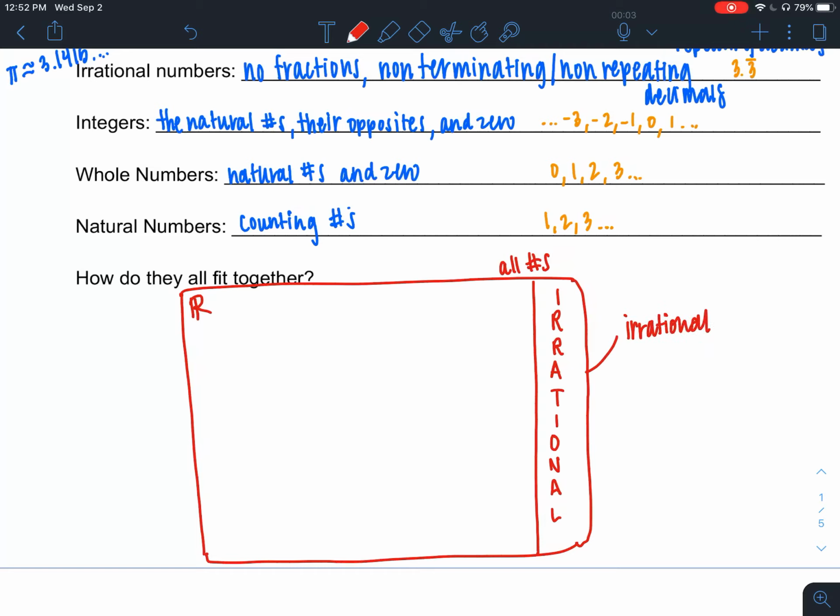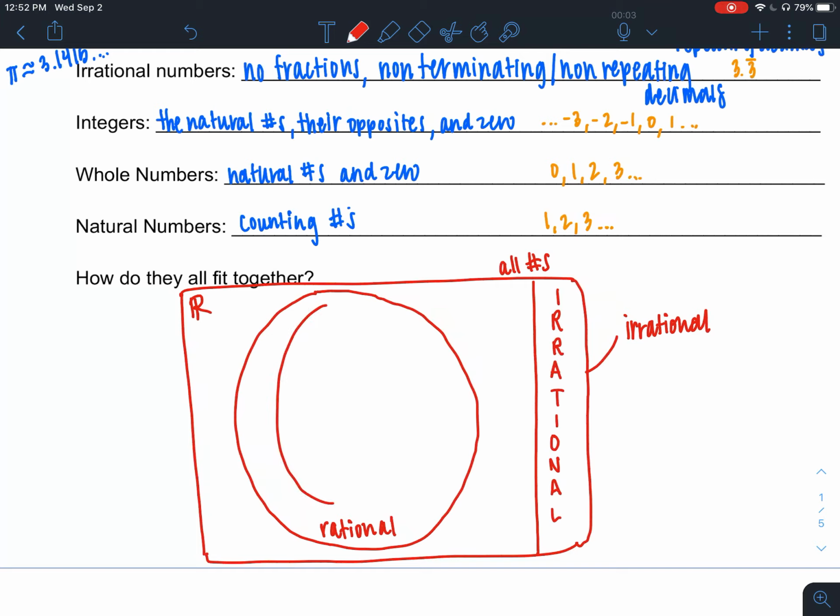Okay, so within the real numbers, we have whole numbers. It's more exclusive of a group. So these are our rational numbers. Okay, then inside of that we have our integers, a little bit more exclusive.